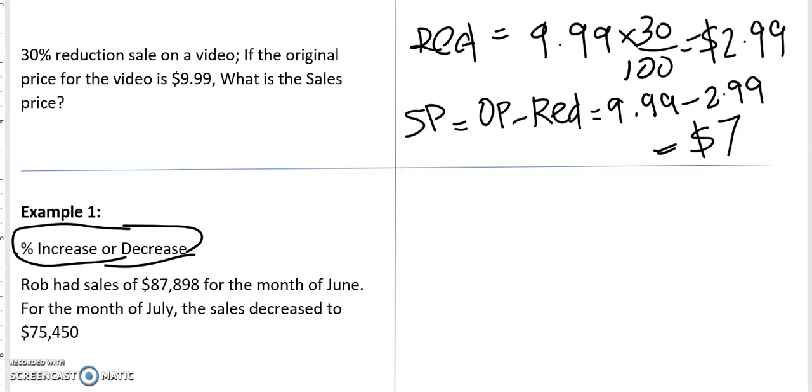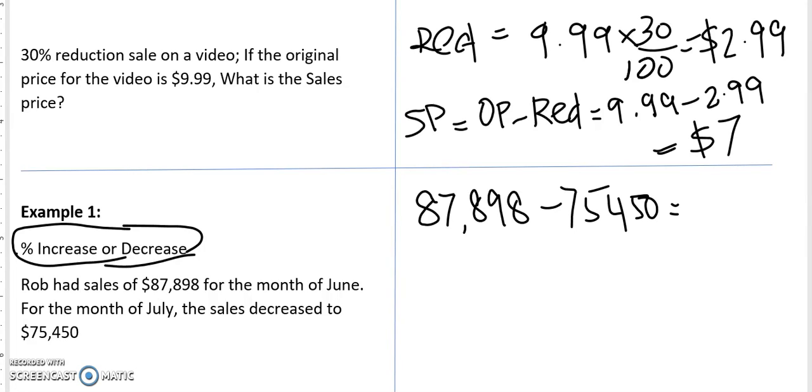That's what we're trying to find out. You're going to take the reduction first, like we did before. The reduction will be 87,898 minus 75,450, and that is equal to 12,448.